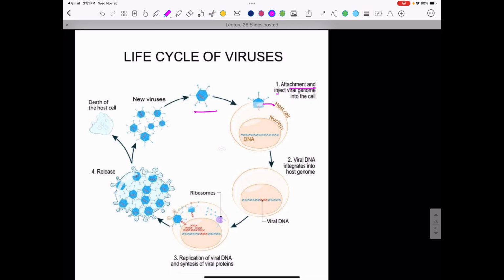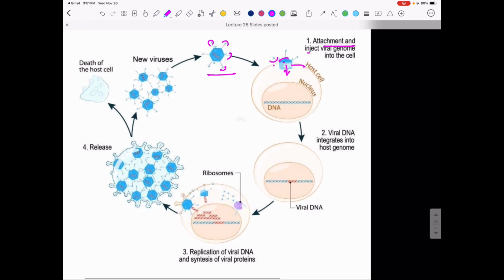All of these receptor proteins or anchor proteins interact with the receptors of the host cell, latch onto the cell membrane, and then fuse into it and allow their nucleic acid, the genetic material, to enter into the host cell. So inside the host, the viral DNA gets integrated into the host genome, and anytime the host DNA gets replicated, the viral DNA is also going to be replicated.